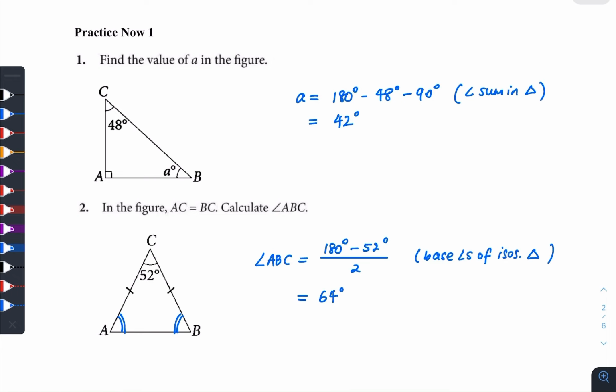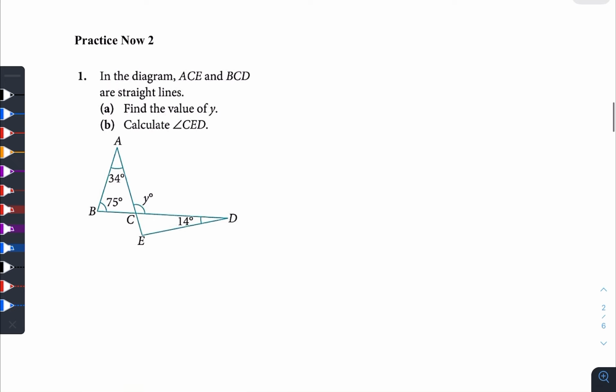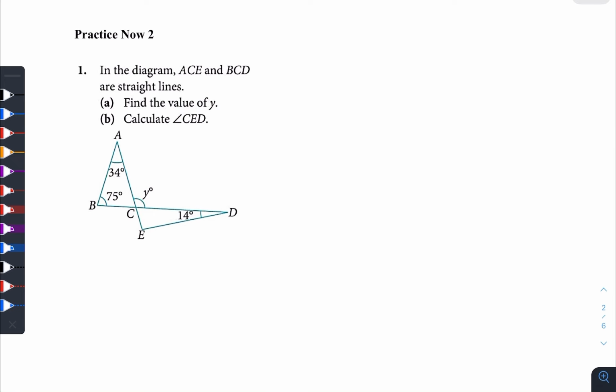So let's take a look now at practice now 2, where we are going to look at the new property that we've just learned today, which is the exterior angle of a triangle. For instance, let's take a look at this y. This angle y is an exterior angle of a triangle because we have a triangle over here, and this y is on the outer edge. When we extend this line BC, this angle is the exterior angle.